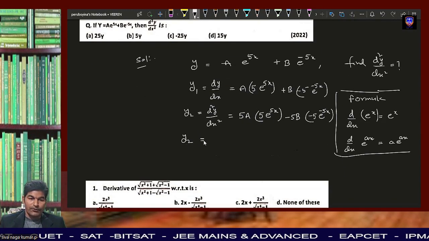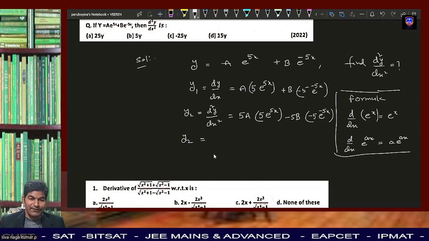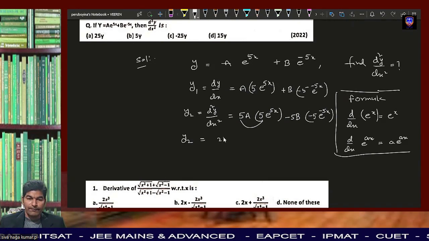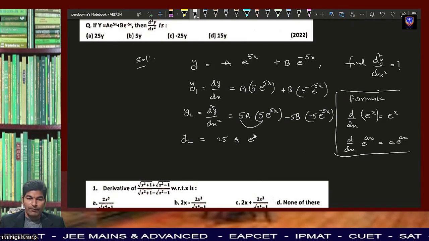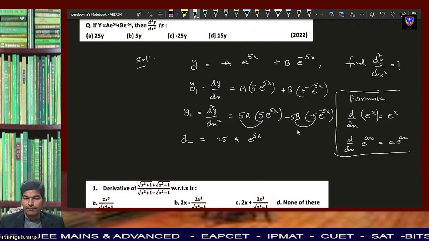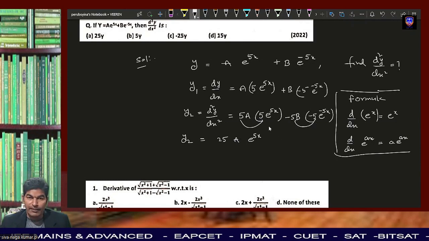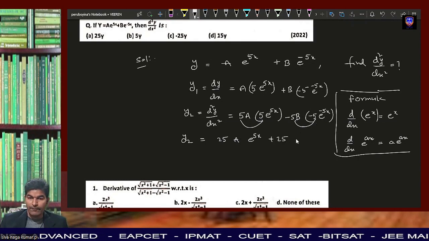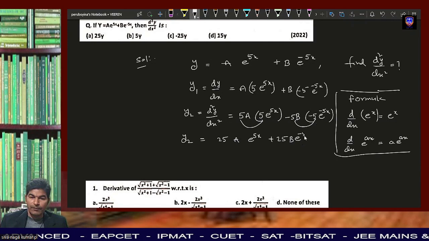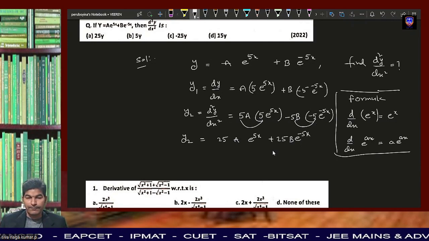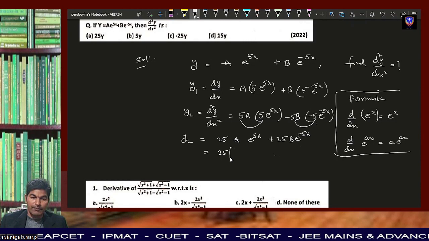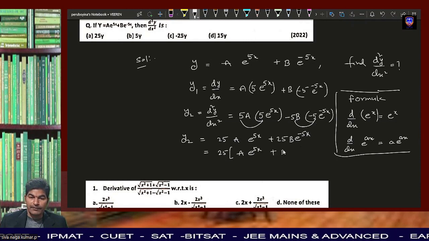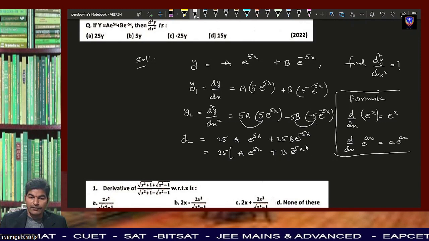Therefore y2 is equal to, let's finalize this, 5 5s are 25. 25a into e power 5x, minus into minus gives plus, because these are in multiplication, so plus 25 into b into e power minus 5x. So 25 is a common multiple: a into e power 5x plus b into e power minus 5x.